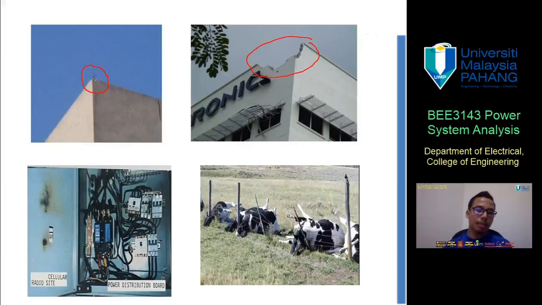This is another example, the distribution board, or we call that DB. The DB experienced several explosions, maybe minor explosions. Sometimes if the cables are not tightened up very well, it can create a spark, which finally led to the explosion. It was a small explosion.